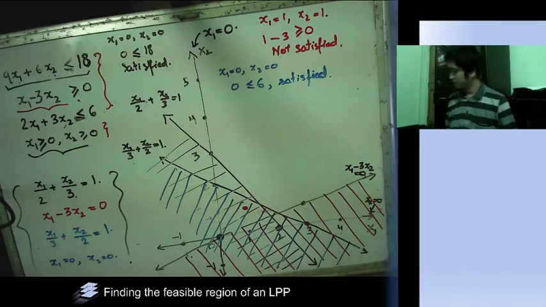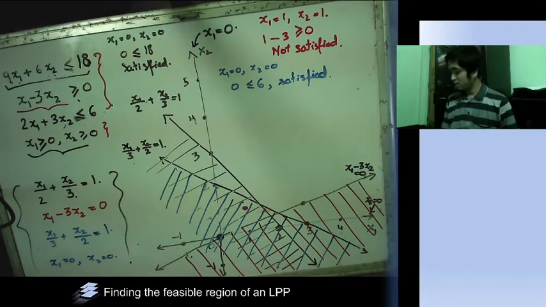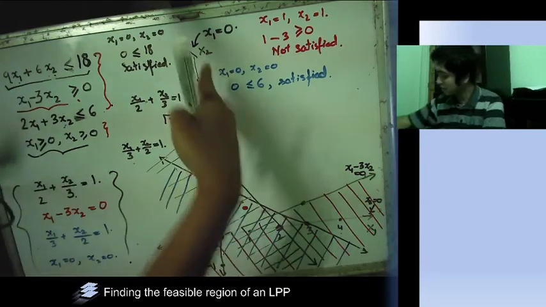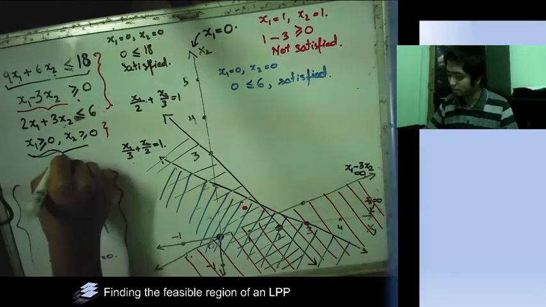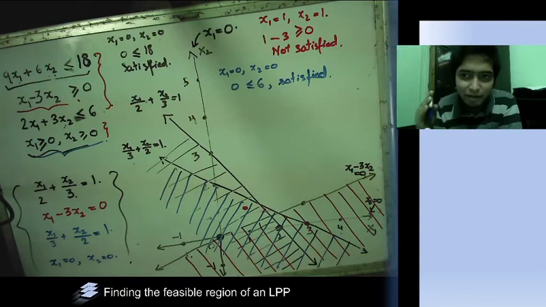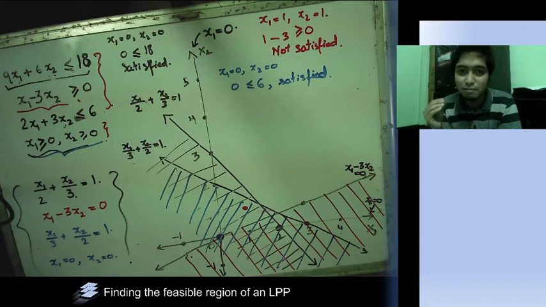If you take a look at all of this, remember that we are dealing only with the first quadrant because of these conditions. The feasible region, if it has to exist, and sometimes it may not exist, will be in the first quadrant. And how do we find the feasible region?